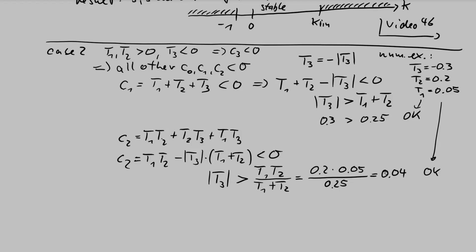So finally we can say the system is stable if C0 is also negative. C0 was 1 plus k, must be negative, so for k we can solve this inequality very simply to say k must be smaller than -1, first condition. This is necessary but non-sufficient.